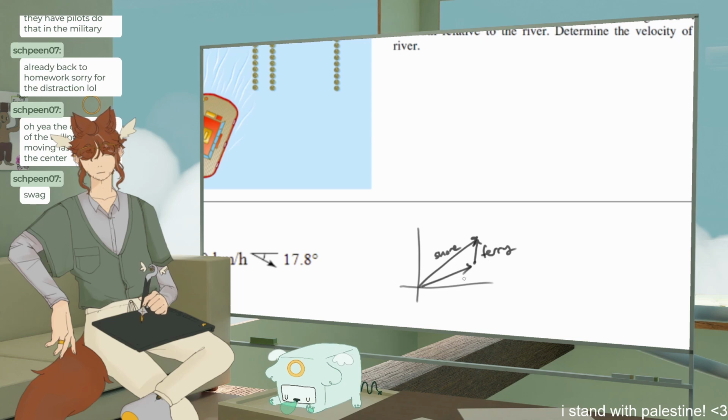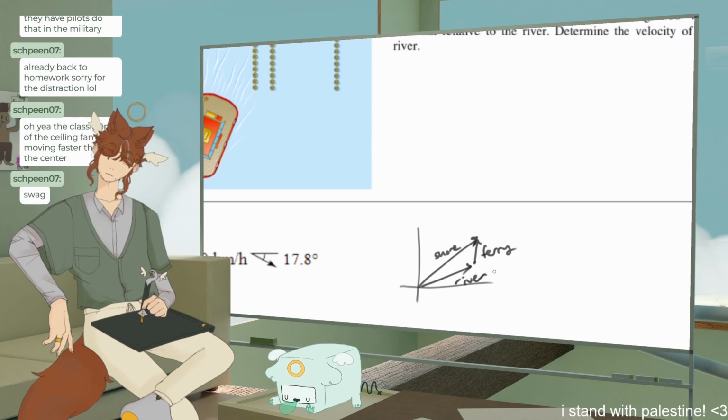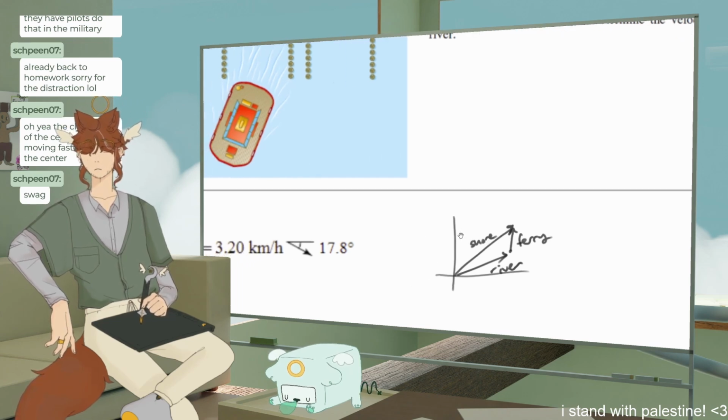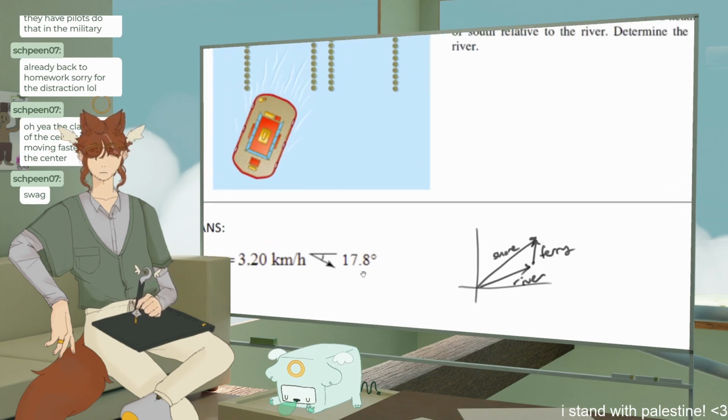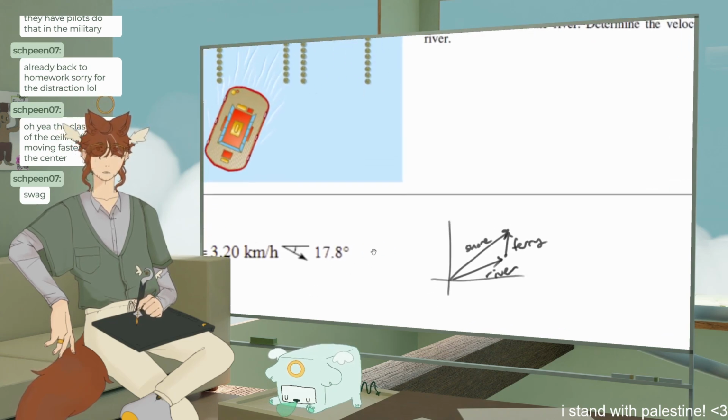And then we have the river going some other way. This is not really accurate whatsoever to the directions they're going in, but this is not a particularly hard problem. If you set it up correctly, that's what it's about, the setup. And I might do it wrong, who knows?